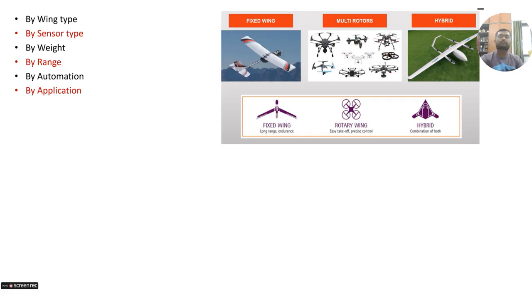So what kind of sensors do you have in a drone? Till now, what kind of sensors have you learned in this course? Can you give some idea on that? Actually, you don't just have to remember the names.